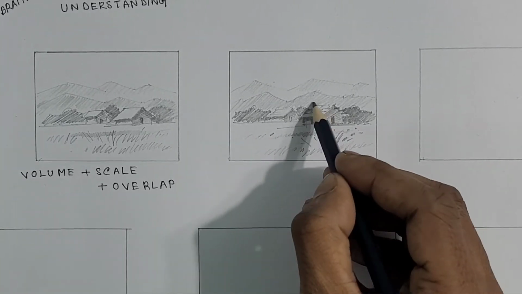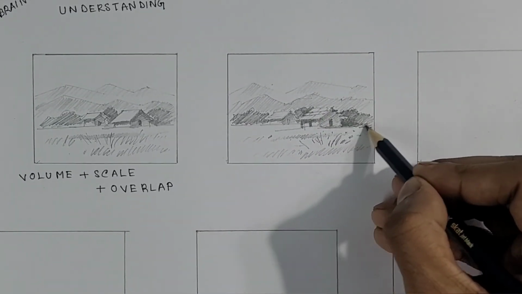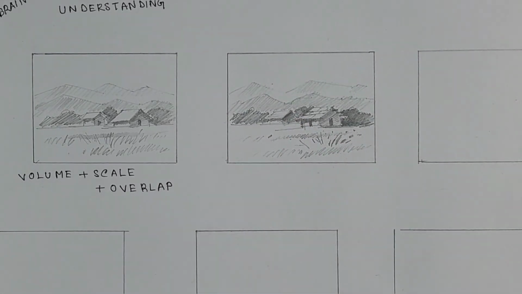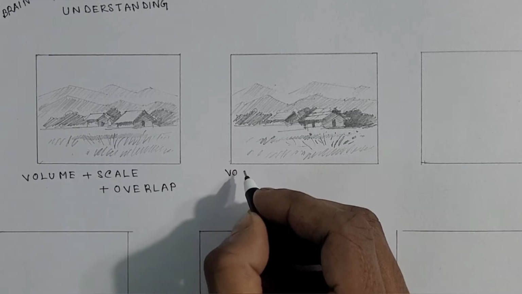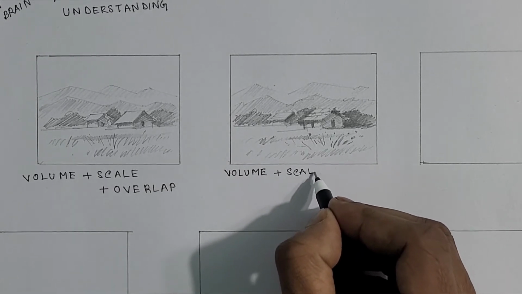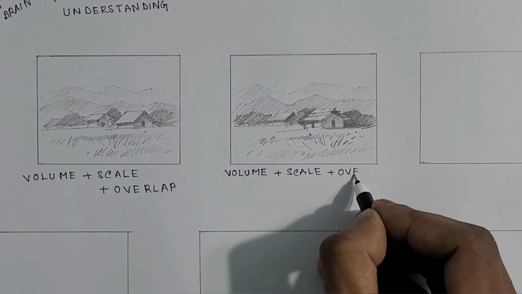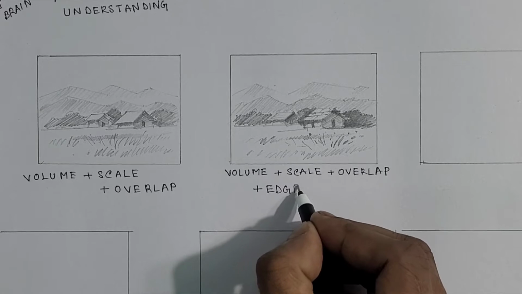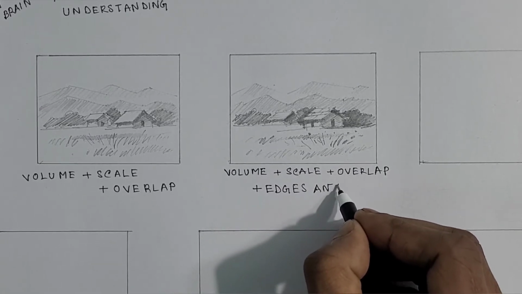You will notice the faded edges and details in the background house. This is what volume, scale, overlap, and edges and details.